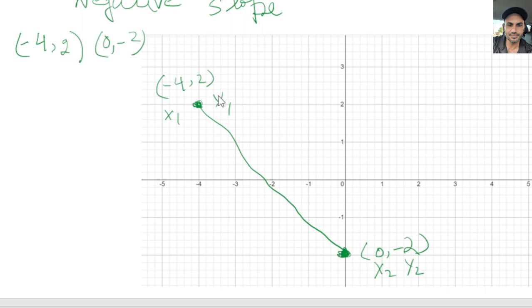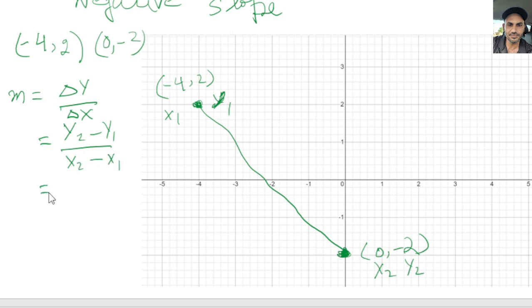This is y1, it looks like an x, but it's a y. All right, so the slope is equal to delta y over delta x, which is y2 minus y1 over x2 minus x1.